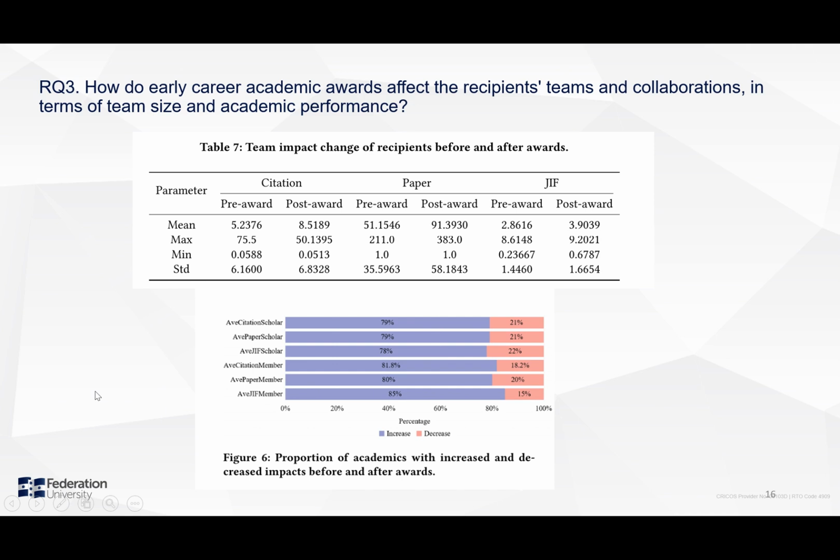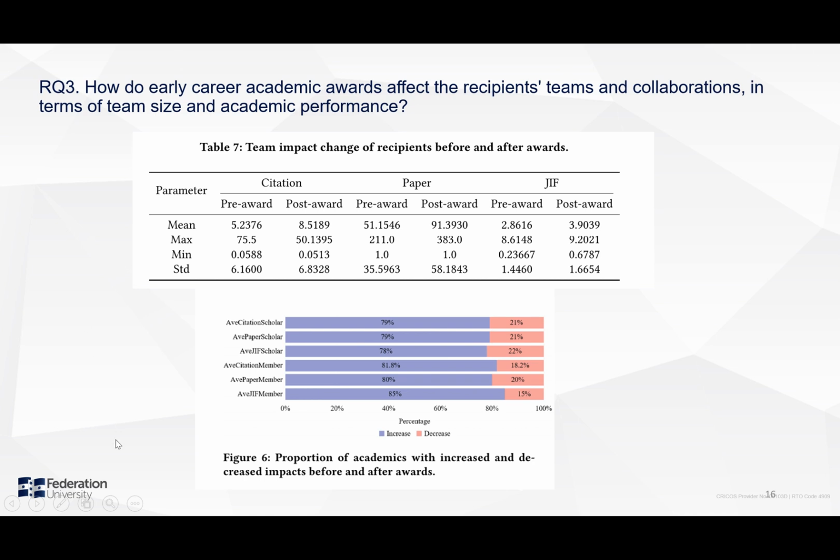Okay, the last question is how do early career academic awards affect their teams and collaborations? Here, Figure 7 shows that the citation, paper, and the journal impact factor all show an increasing trend after winning an award, no matter which calculation formula is used.